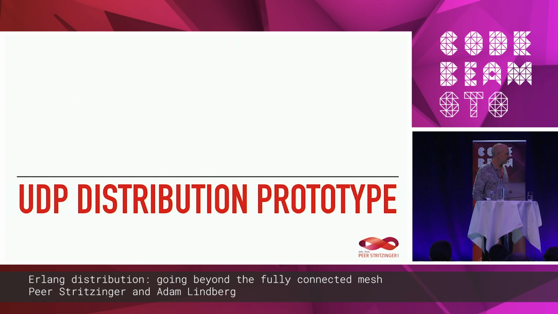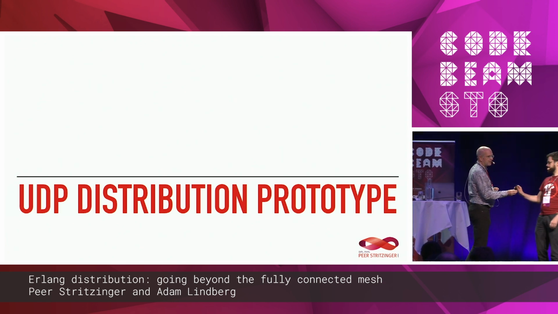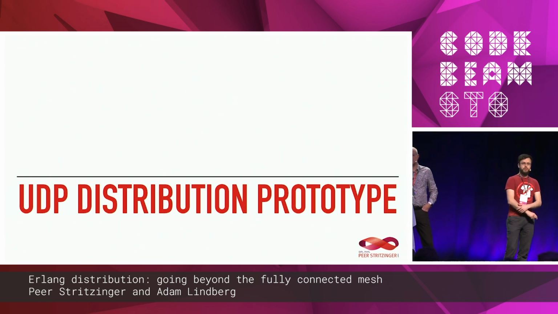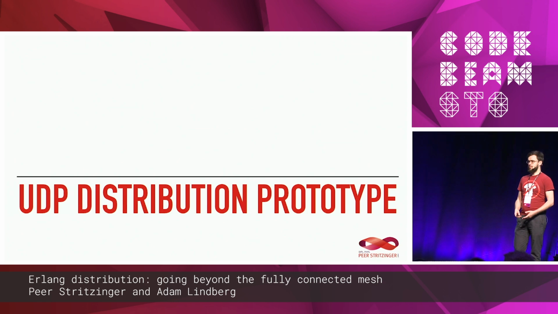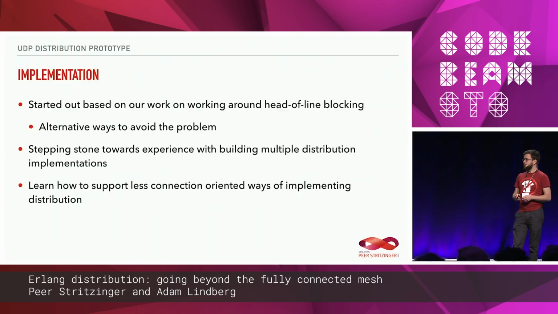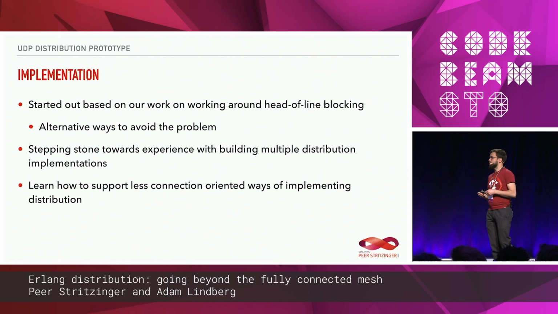With this, I hand over to Adam, who will tell you about the UDP distribution prototype. That is one of the steps. Some of the work we're doing, we experiment with new things. We want to try things out, and using UDP for distribution instead of TCP was one of these things. We wanted to solve head-of-line blocking.